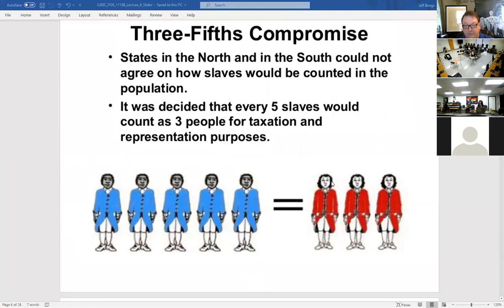You'll need to know that information. But again, your test is open book, so you'll just want to make sure you know where that information is in your book. Any questions on the Three-Fifths Compromise?